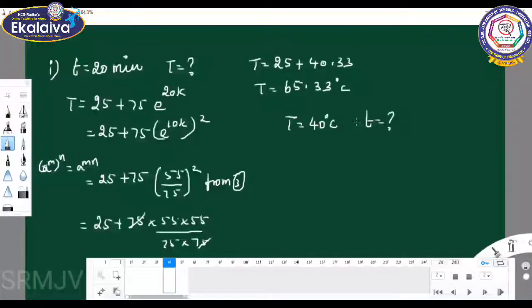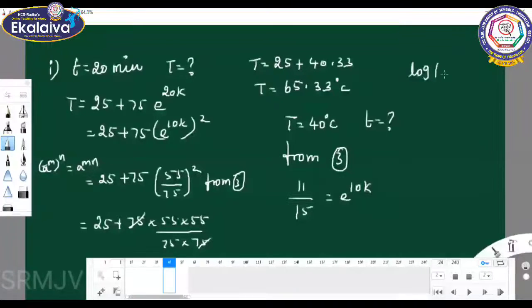The temperature given here is T equal to 40 degrees C. From the third equation you will take it as 11 by 15 equal to e power 10k.